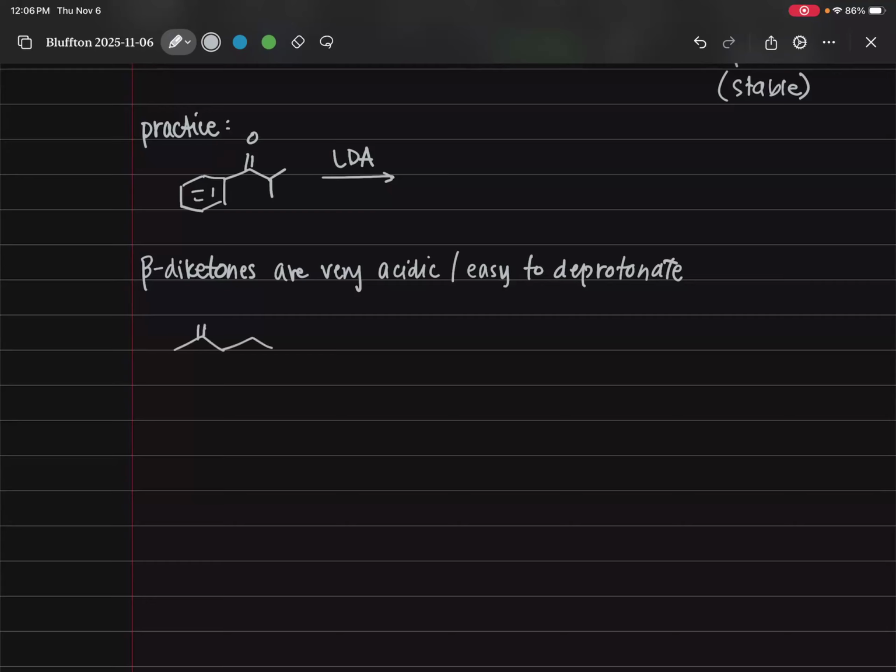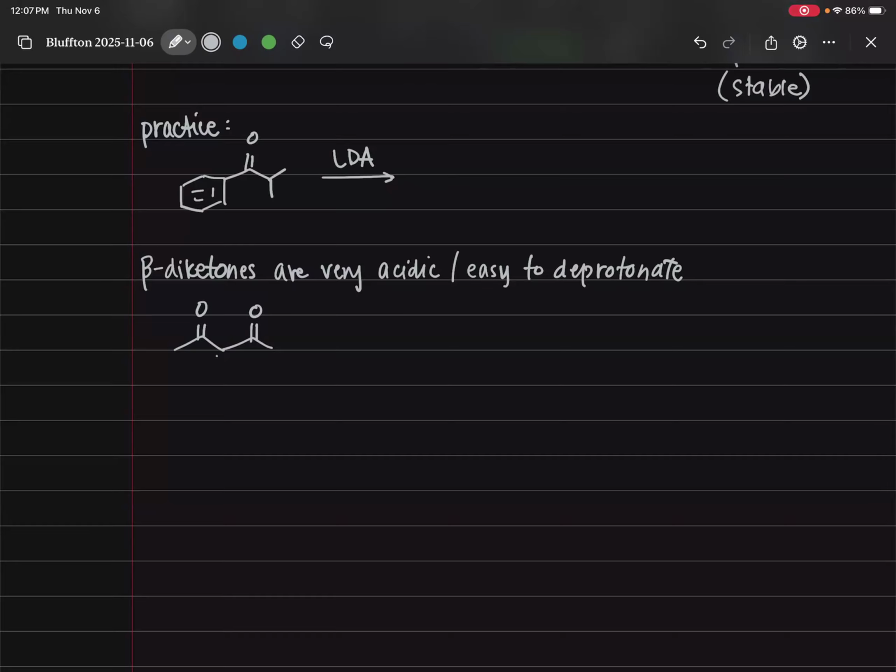So if we have a molecule like this, where we have two ketones separated by one carbon, the reason these are called beta diketones is because relative to this carbonyl, that's the alpha position, and that's the beta position. So the ketones are beta to each other.